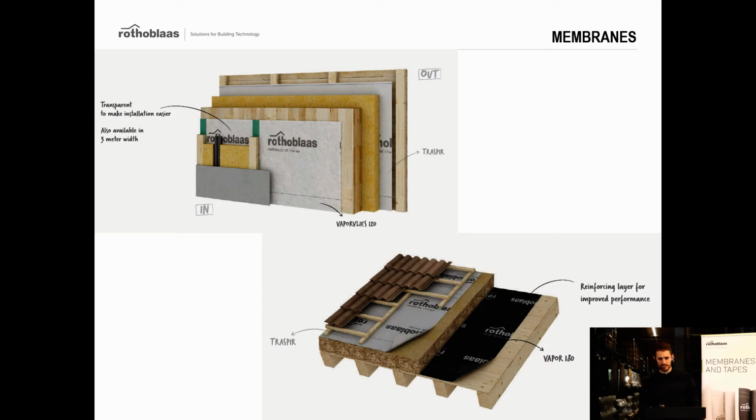The thing is that when you're placing a vapor stop layer, so a barrier, you have to make sure that you don't leave any gaps, because if you have a gap, all the vapor will converge there. All the vapor will try to pass through that single hole, and that can result in a local damage.